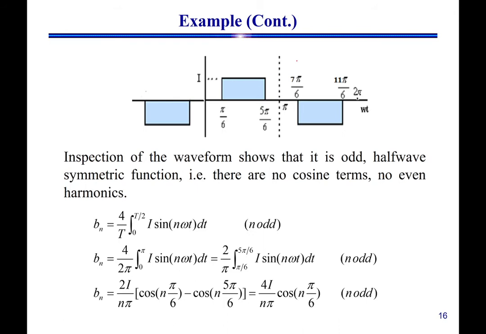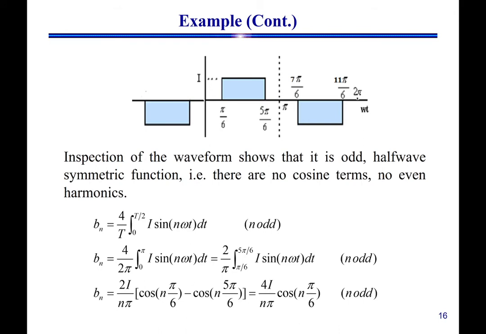So this one will be the current waveform. We have one pulse, and then a space, and then we have another pulse. Of course it is an odd function, so all an components will be 0.